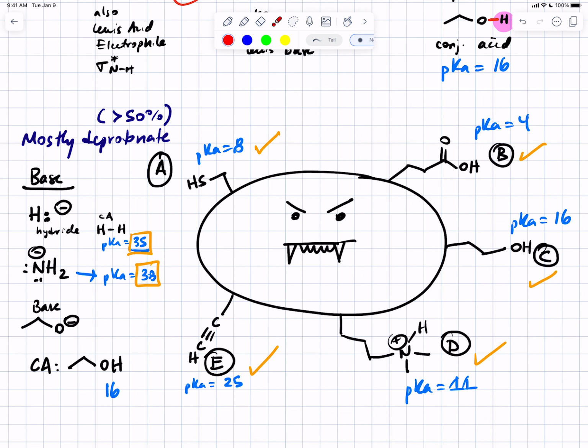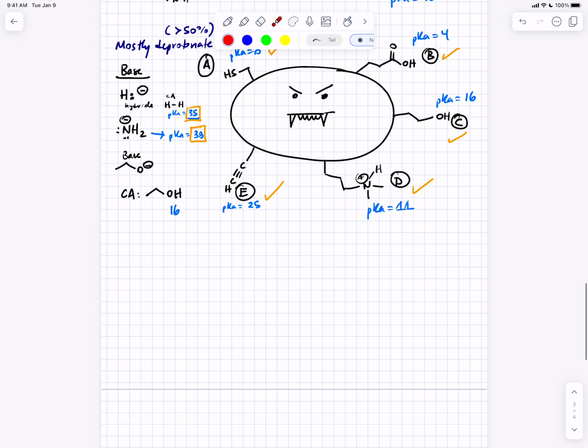So give yourself some practice, build in some muscle memory, make sure you can do this. I guarantee you there will be a molecule on your exam that looks like this. There's going to be actual bonds here in place of the angry face, but it will look something pretty similar to that.